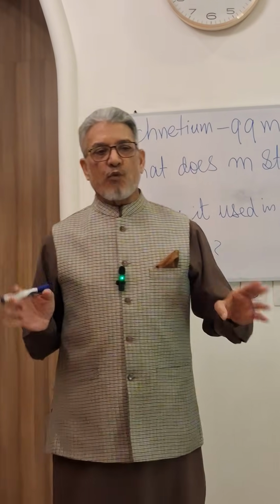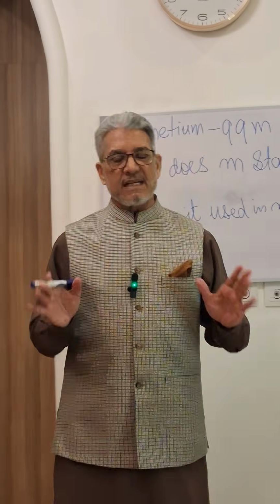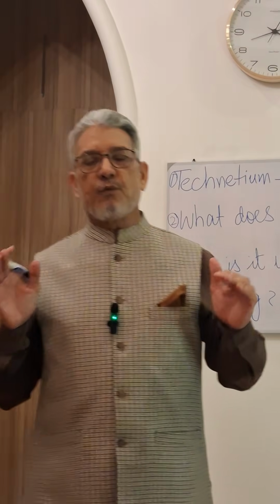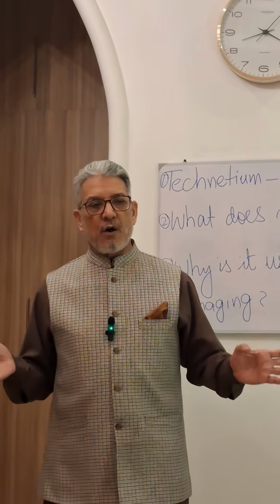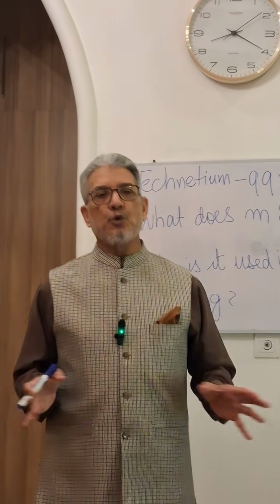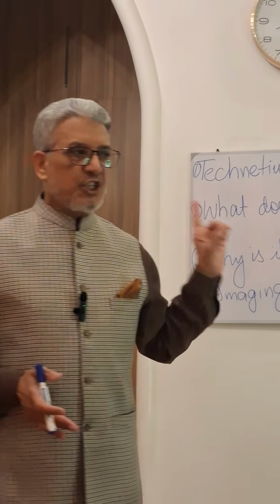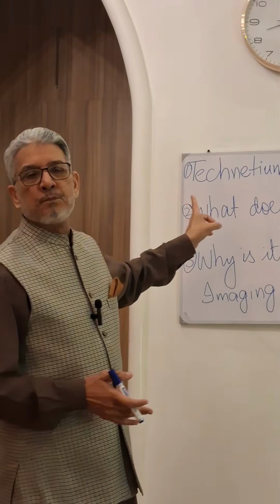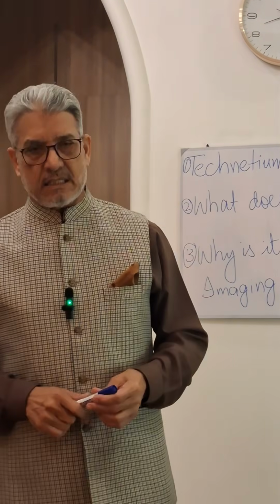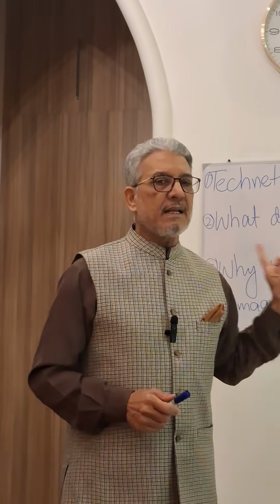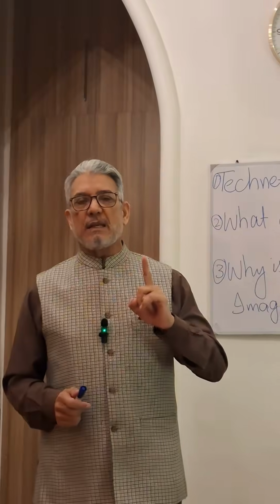Technetium-99m. You know, you have 118 elements in your periodic table. 92 of them are naturally found and 26 have been produced artificially. That you already know. So technetium is one of those 118 elements in your periodic table. And this element is not a naturally found element.